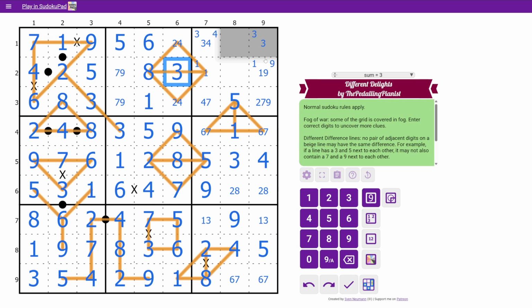A 4, 5, and 6 difference. 1, 4, 5, and 6, because this can't be a 1 difference. So 2, 3, or 7, which we can't have. So it's a 2 difference or a 3 difference. So it is a 1 or a 6 only.